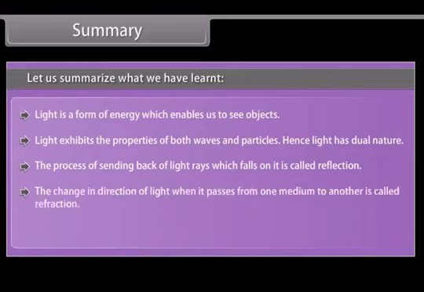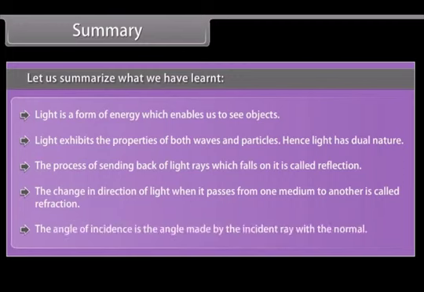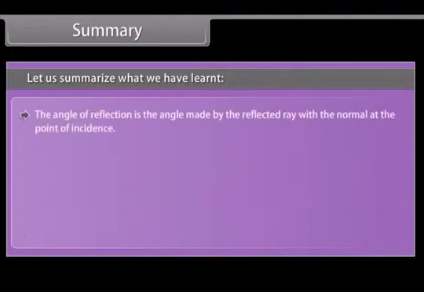The change in direction of light when it passes from one medium to another is called refraction. The angle of incidence is the angle made by the incident ray with the normal. The angle of reflection is the angle made by the reflected ray with the normal at the point of incidence.